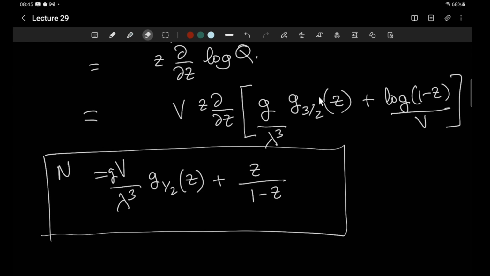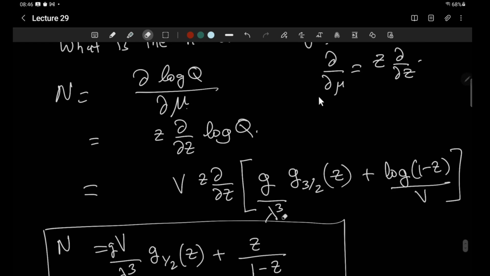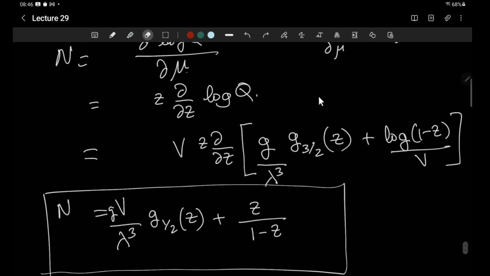Sir, log Q is dimensionless, right? Yeah, log Q. I think KBT will have to be there. No, that n is also dimensionless. So beta mu is dimensionless. n should be dimensionless. So lambda cubed and v will make it dimensionless.